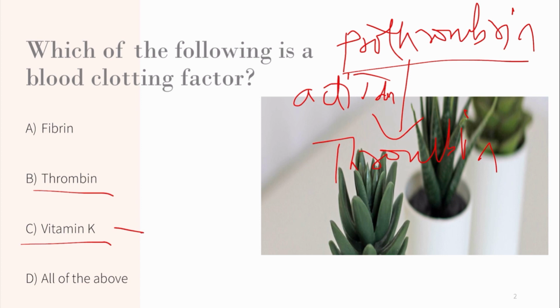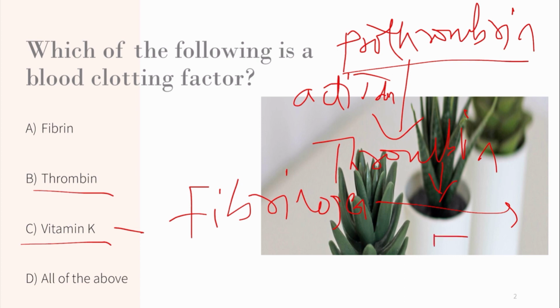The thrombin will act as an enzyme and convert the fibrinogen present in the blood into fibrin. These are fibrin threads, so fibrin is also included.